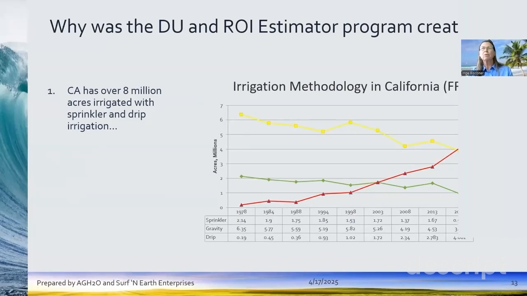Here in California, we have a ton of drip micro irrigated acres. We have 2/3 of the nation's drip micro acres in California, and a lot of them are really old. You can see on this red curve here, we have more drip here than gravity, and certainly more than sprinkler. And a lot of these systems are old and need to be upgraded.